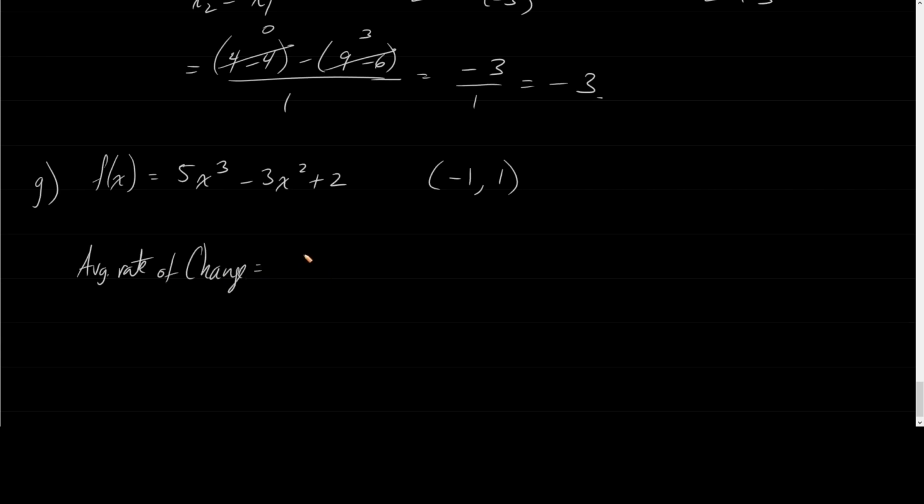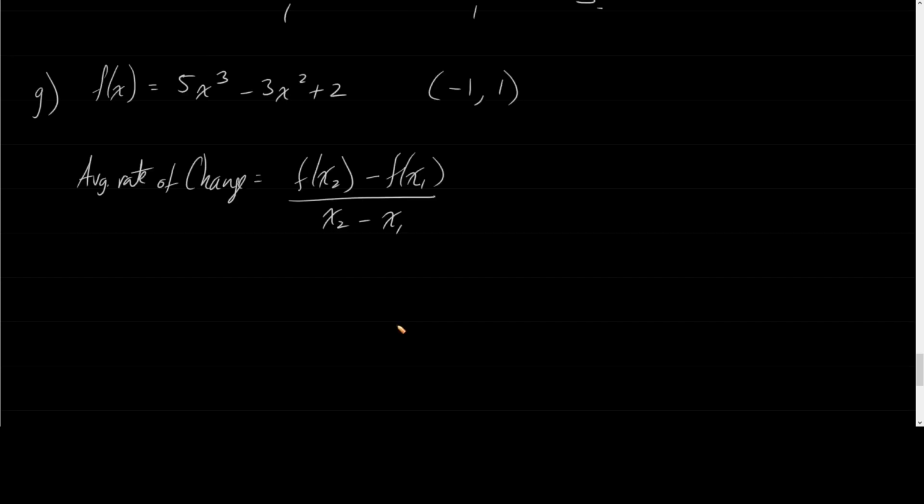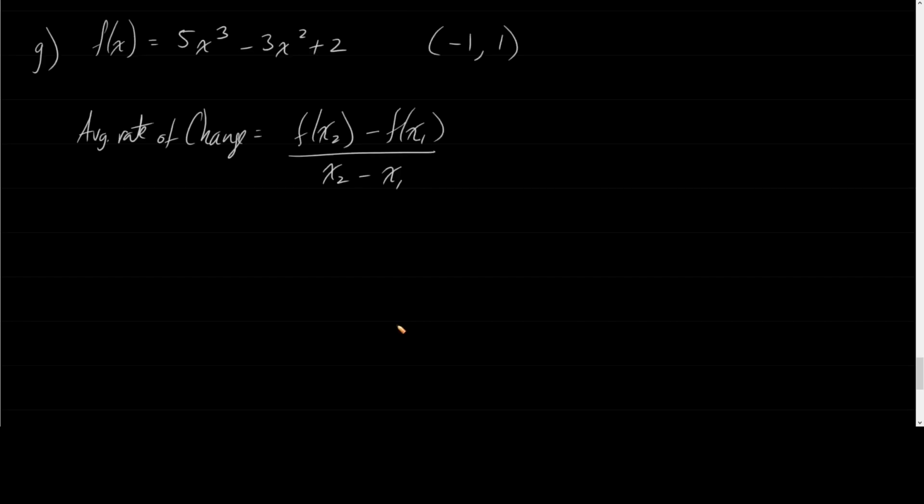Well, that's going to be, again, f of x sub 2 minus f of x sub 1 over x sub 2 minus x sub 1. Always that, write down the formula, right? So what we have now is f of 1 minus f of negative 1 over 1 minus negative 1, right? This is sub 2, this is sub 1.